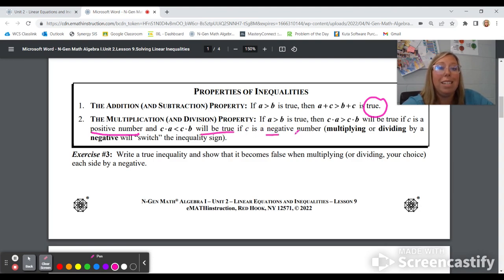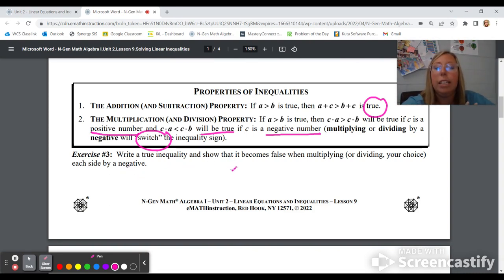But if that number is negative, then you have to switch the inequality sign. You might recall doing that when you were in middle school. If you multiplied or divided by a negative, you had to flip the sign. And the reason for that is because the negative number makes the sign of the inequality false. So you have to flip it to make the inequality true.